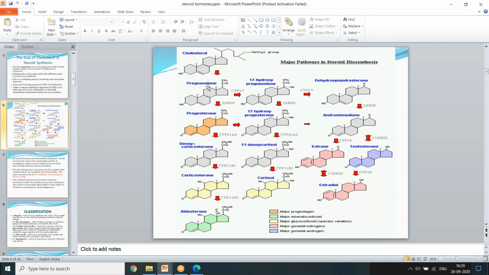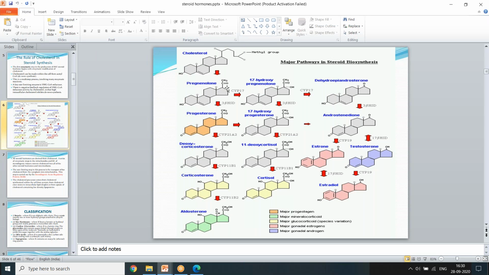The conversion of cholesterol to pregnenolone is a rate limiting step, and it is mainly coordinated by cytochrome P450 and the dehydrogenase enzyme.